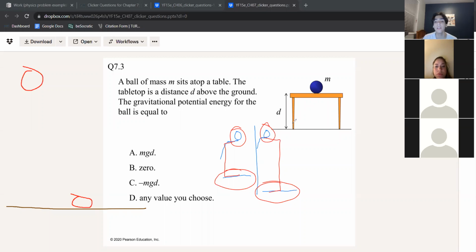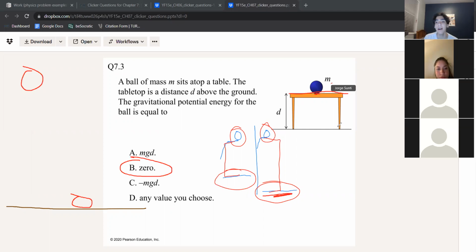So in this situation where your line of reference, like you were saying, is the table, let's say this is my line of reference. That would make my gravitational potential energy as small as possible, so either 0 or approaching 0.